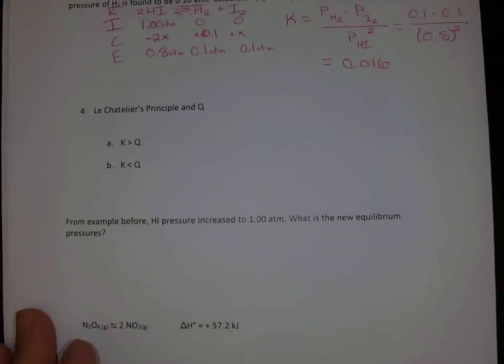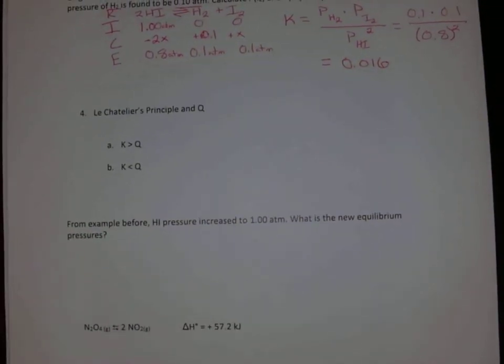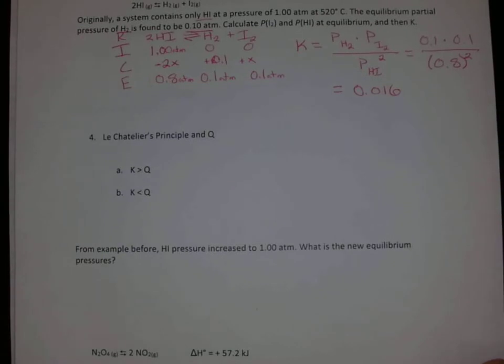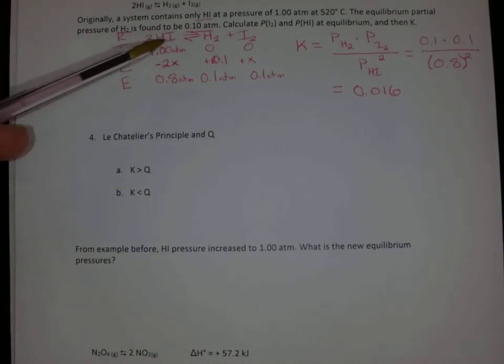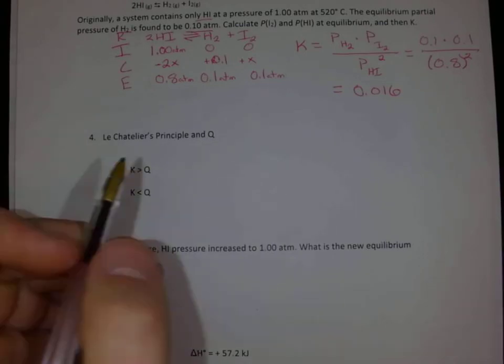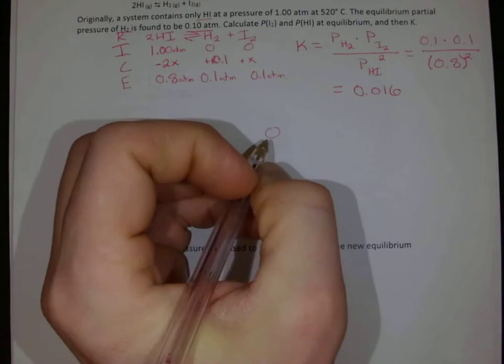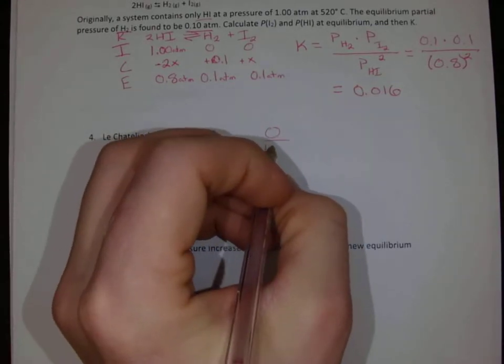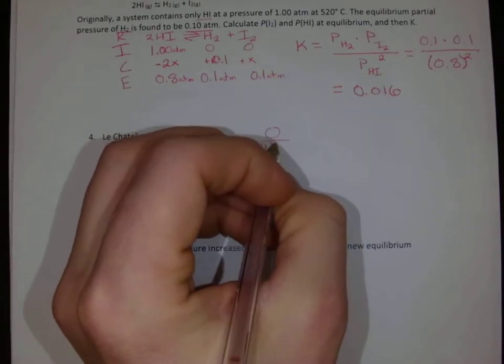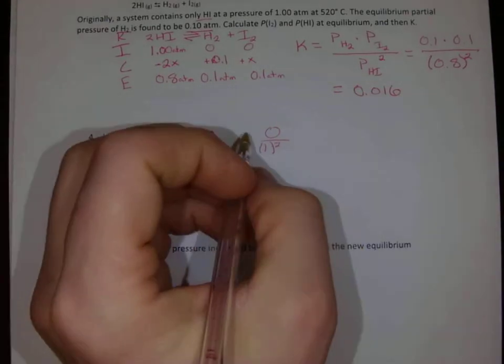We talked a little bit last year about Le Chatelier's principle and Q. We may not remember Q exactly, but we've talked about Le Chatelier's principle. So let's think about that system just up above. Initially, we had all HI, so our Q value was essentially 0 over 1 atmosphere squared.